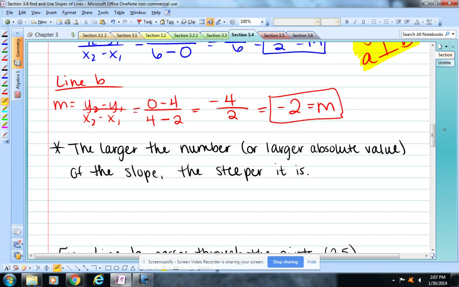The higher your number for your slope, the closer to vertical that line will be. Likewise, the lower the slope, the more horizontal it will be. If you have a really small fraction, like 1/10, that's going to barely even have a rise. It's really slanted.